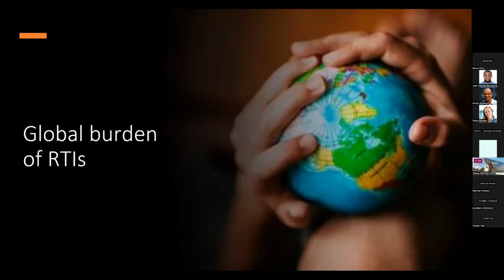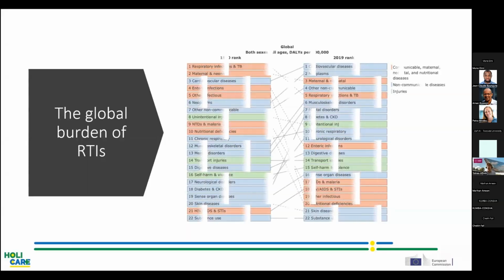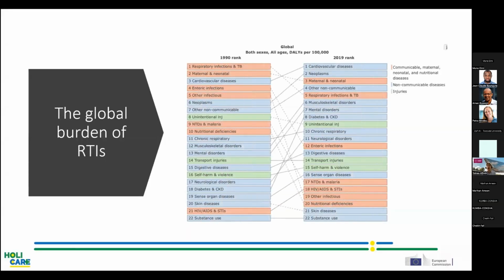So now let's move on and look at the global burden of respiratory tract infections. If we start looking at it globally, I hope you can follow my slides here. Then you see in 1990, respiratory tract infections and tuberculosis was #1 of all causes of loss of DALYs. 2019, this has changed a lot.